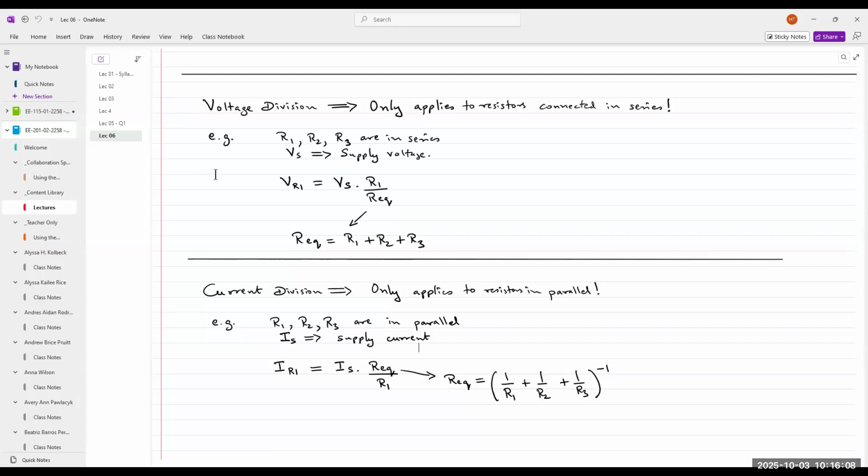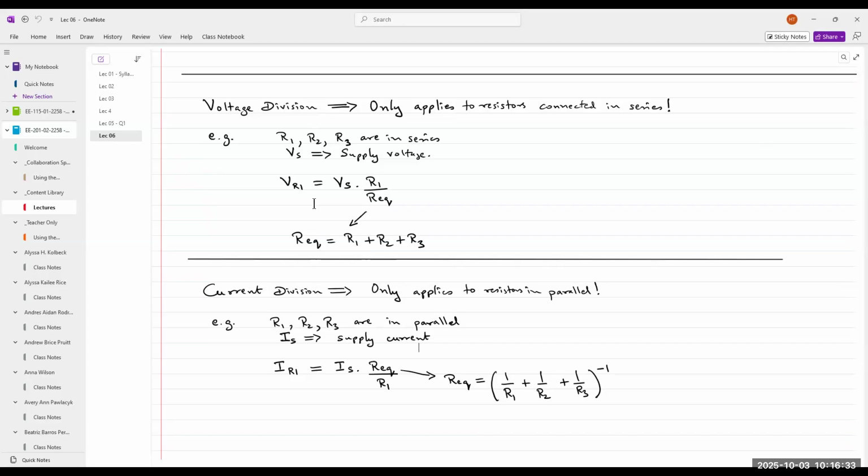They simply allow us to skip one step. It seems like a very small thing, but when we are solving larger circuits, it helps to skip a few steps.